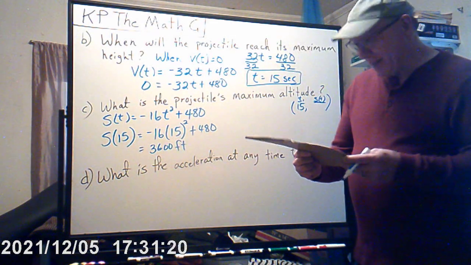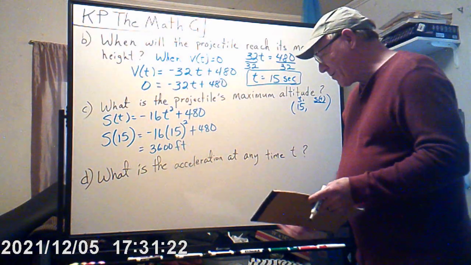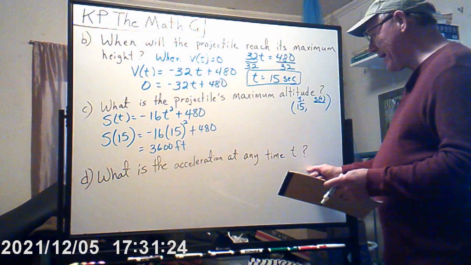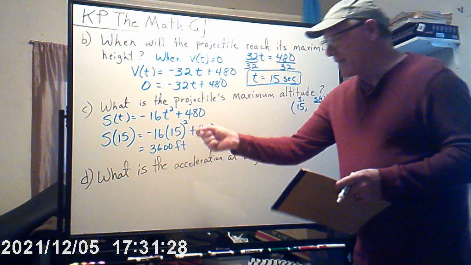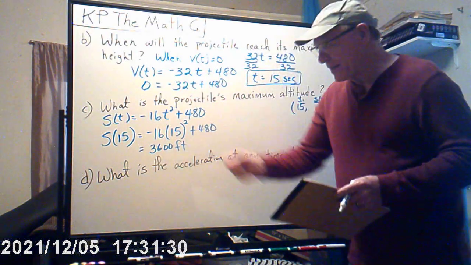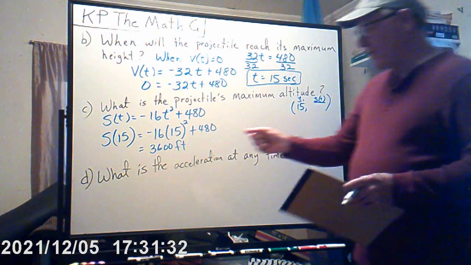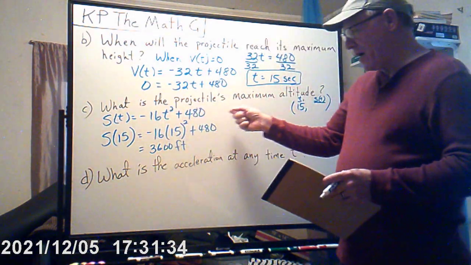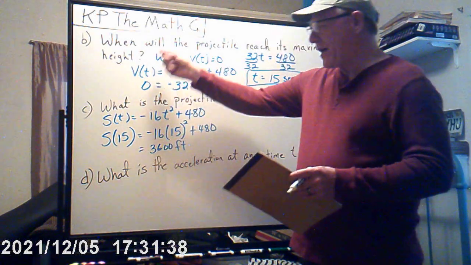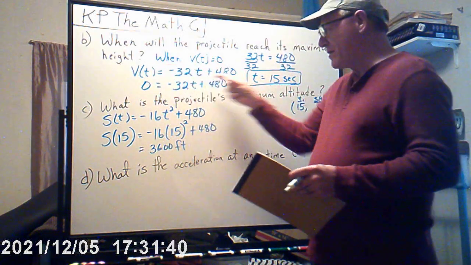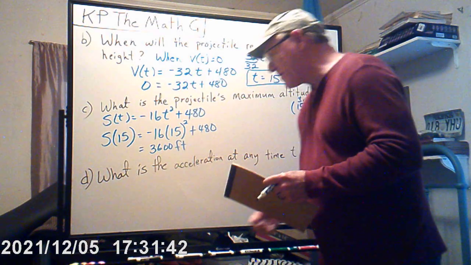Okay. Let's answer the C part. What is the acceleration at any time t? Now remember, acceleration is the derivative of the velocity. So if you have the distance equation and you take the derivative of that, you get velocity. But if you take the derivative of the velocity, you get the acceleration.